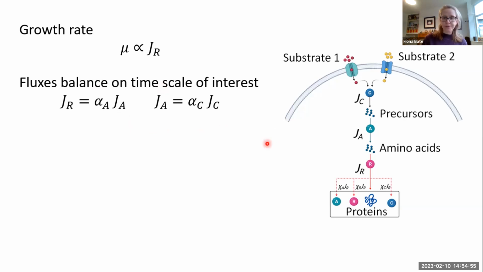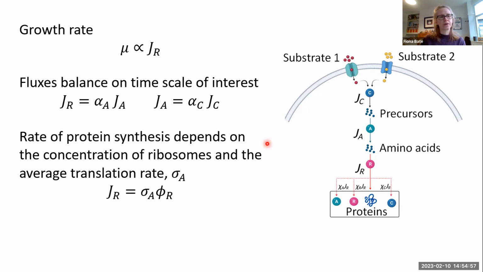So what do these fluxes actually depend on? Now, the rate of protein synthesis is going to depend on the concentration of ribosomes and the average translation rate, which we call sigma A. And we just take a simple expression here. We just multiply the concentrations together. So we're not looking at anything complicated.